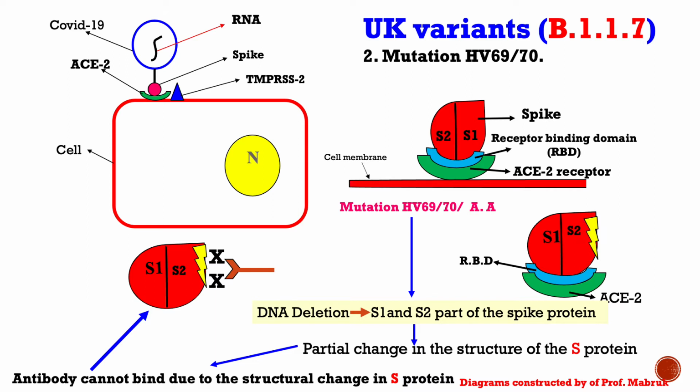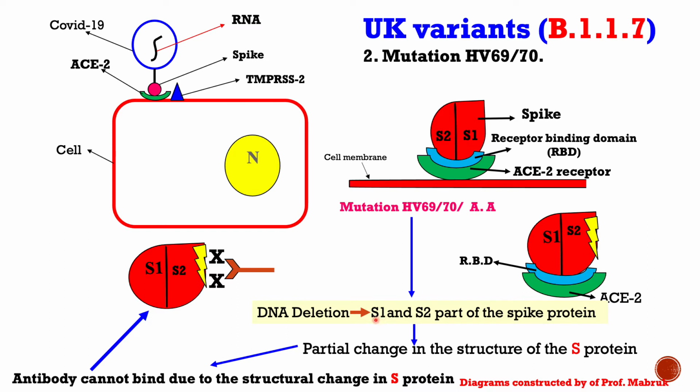And you can see this change in yellow color. You see it here? So you can see that there are morphological changes in the spike protein of the coronavirus COVID-19.